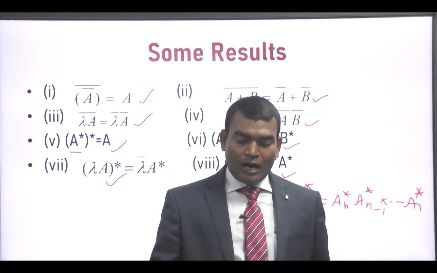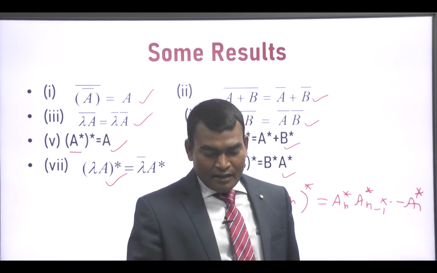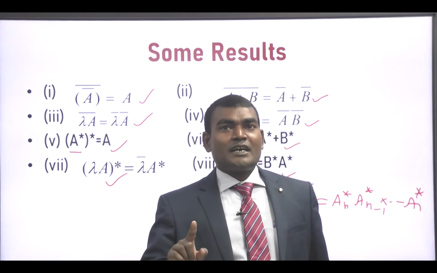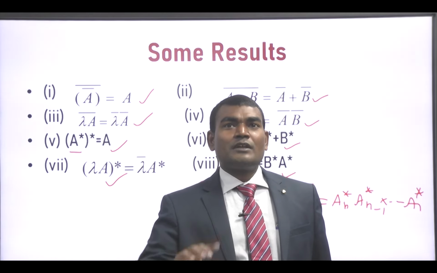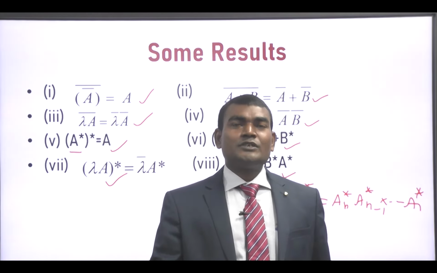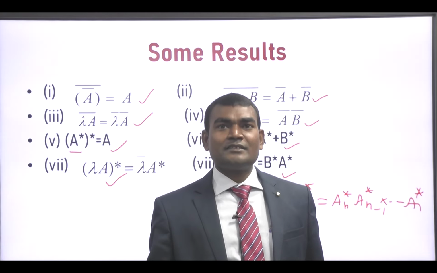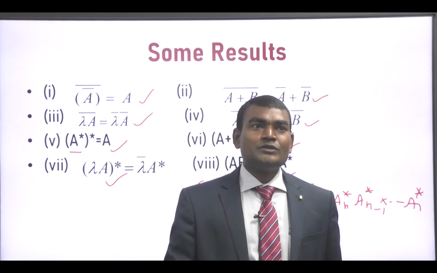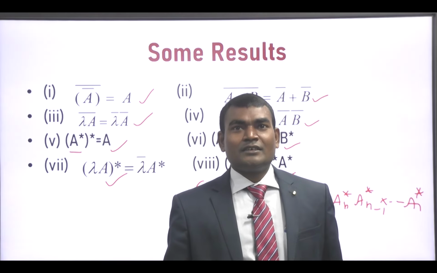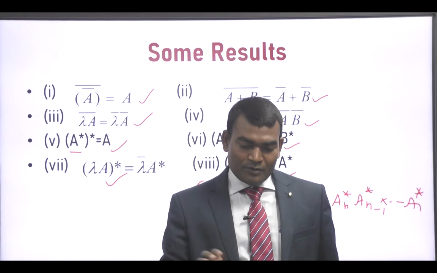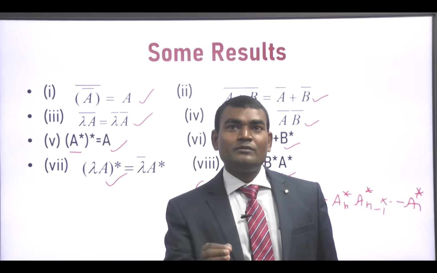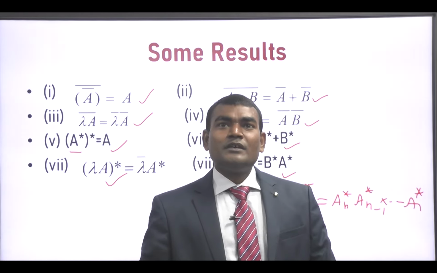You have to be very careful here: it is the transposed conjugate of the last matrix into the transposed conjugate of the second last matrix, and so on. If you multiply A star into B star, then the result will be wrong.